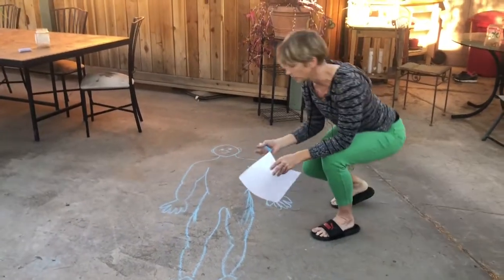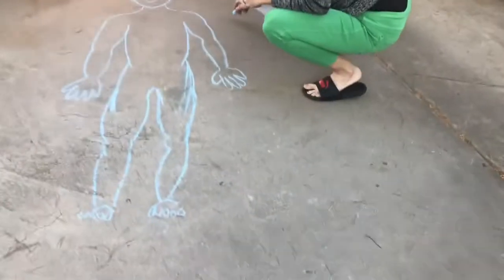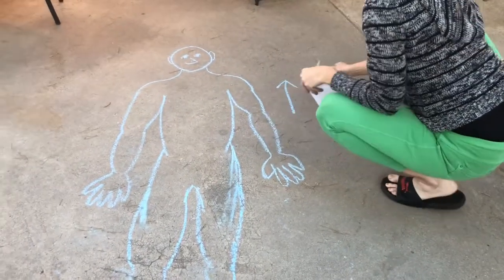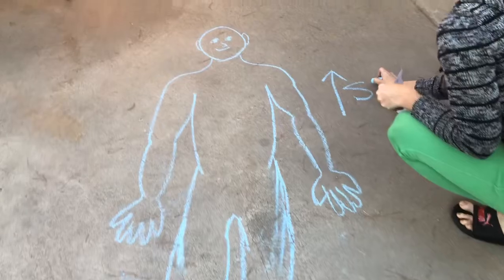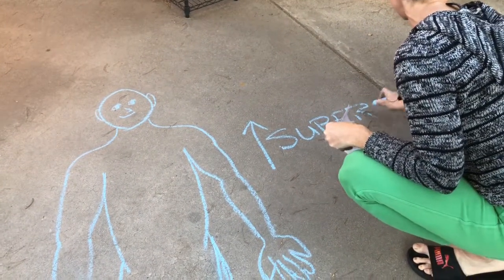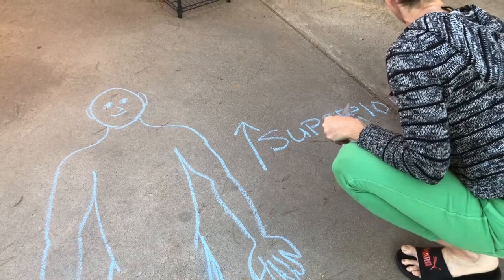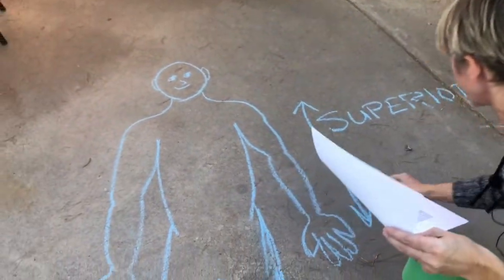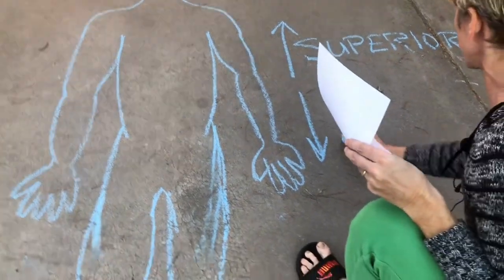So the first 2 are superior and inferior. Superior refers to toward the head. Its opposite is inferior, which is downward or toward the feet.